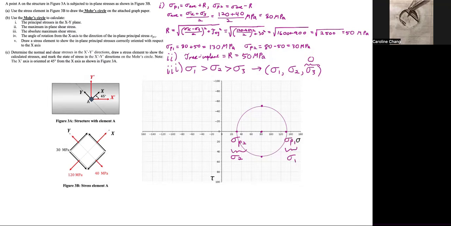So we can draw our out-of-plane Mohr circle as such. Here we have placed our out-of-plane Mohr circle, which is this one over here. And note that since sigma 3 is equal to 0, sigma 3 is found here.